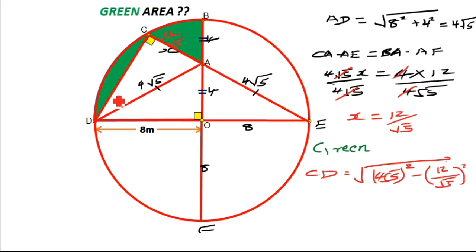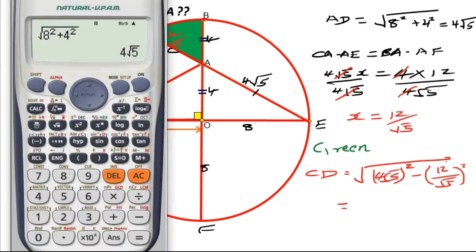So what is CD if you use Pythagoras theorem? AD is the longest side, the hypotenuse. So CD will be the square root of the longest side, which is 4 squared, minus the other shorter side, 12 over root 5.